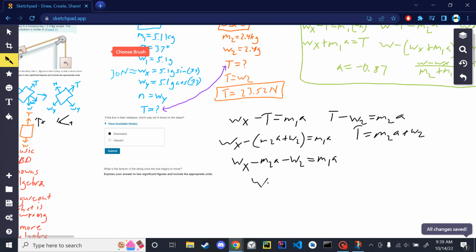Algebra: Wx minus W2, divided by the sum of the masses, is equal to the acceleration.